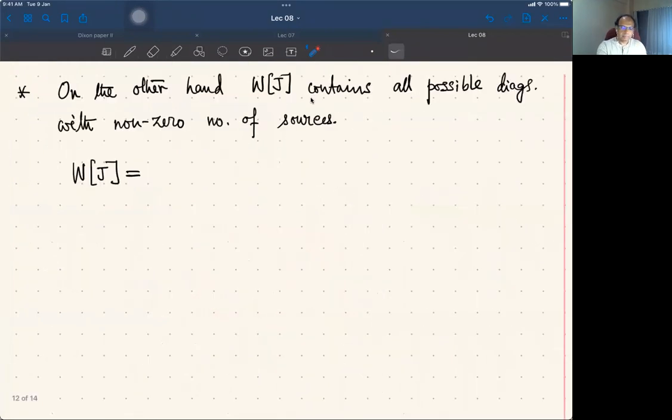So you can have a product of, okay. So if number of dots is 1, if n equal to 1, then if a particular term in WJ has a factor with n equal to 1, then that contribution will look like this.